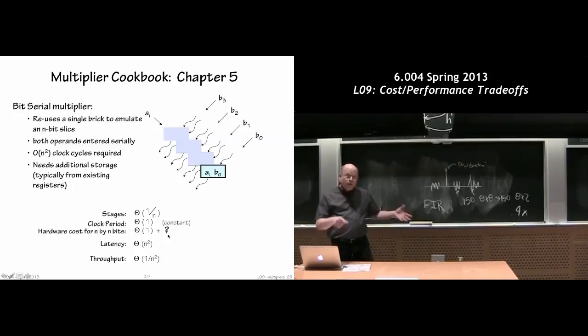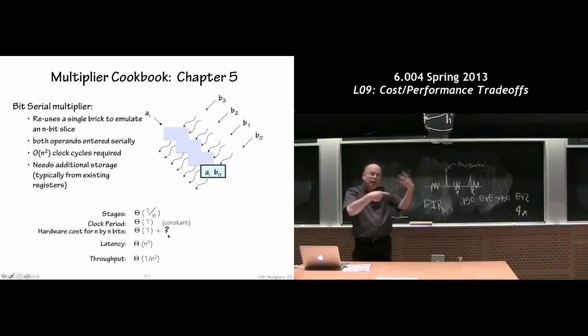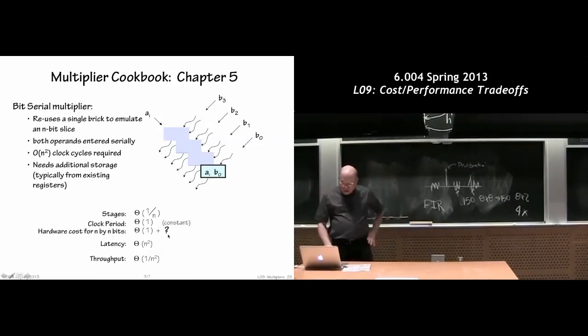And often the registers we need to do that are available because we capture the incoming operands and the results going to other parts of the circuit, and we can reuse those registers to remember partial answers as we're busy computing the result over many cycles. The latency is much longer now. The latency is now n squared, because we have to reuse this piece of hardware n squared times. Okay, but the size is really very, very small indeed.